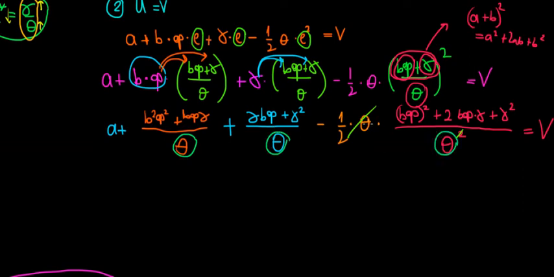So we could write all of that under one fraction, and we'll do so because we'll see that we can cancel out some stuff. We have a plus, and on the numerator we'll write this entire line. So we have b squared theta squared plus b theta gamma, and we'll keep different colors for each of them just to keep track easier, plus b theta gamma. I'm writing this slightly differently because it's the same thing, so it's easier to keep track, plus gamma squared.